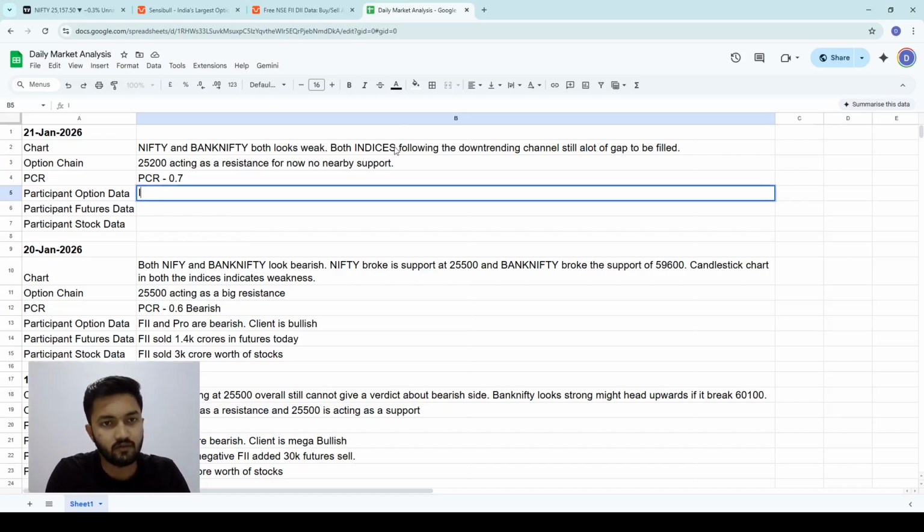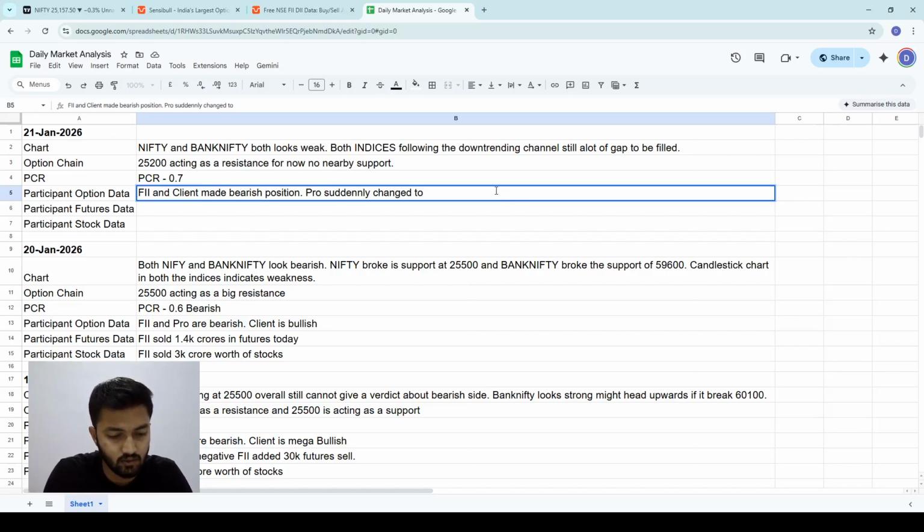It's interesting. FII and client both made bearish positions.